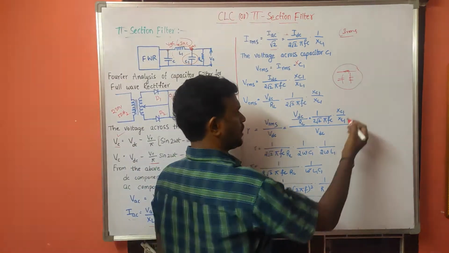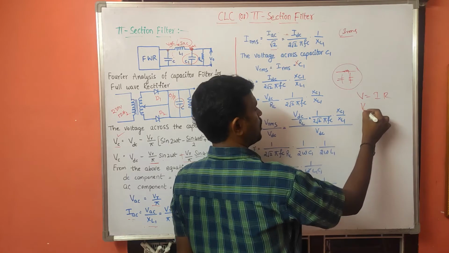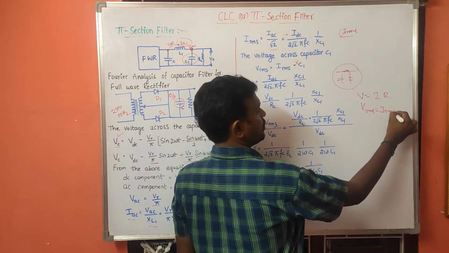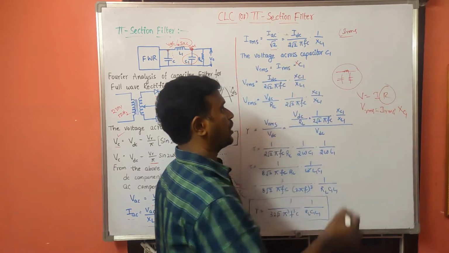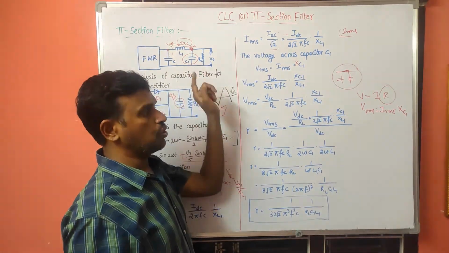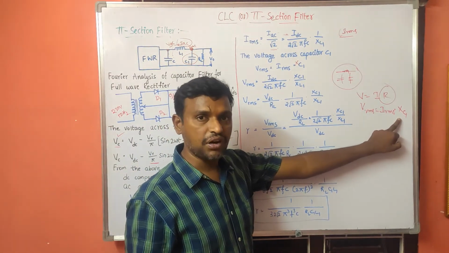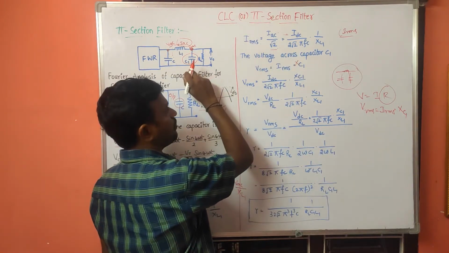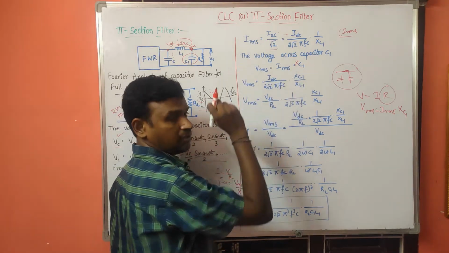It looks like V is equal to IR. Here in place of R we have the capacitance, so we consider the reactance of the capacitance, that is XC1. Therefore the voltage across the capacitor C1 is VRMS equal to IRMS into XC1.